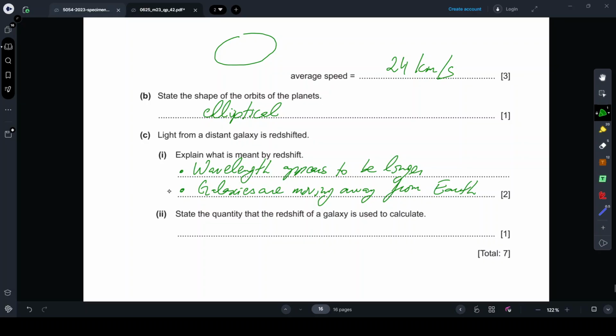Velocity? Yeah, so velocity of what? According to the mark scheme, this would get you a mark, but I'm asking the velocity of what? Our reference point is Earth, and so it's the velocity at which a galaxy is moving away from Earth.